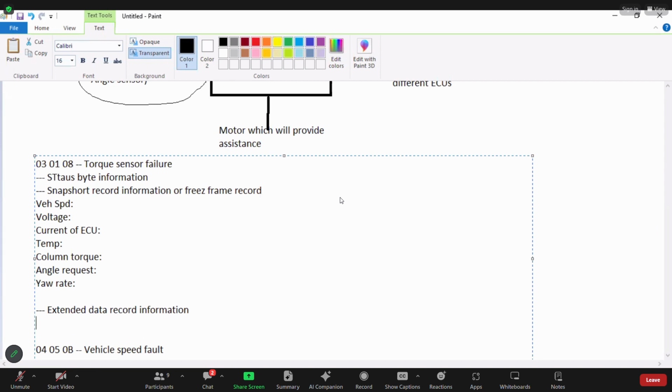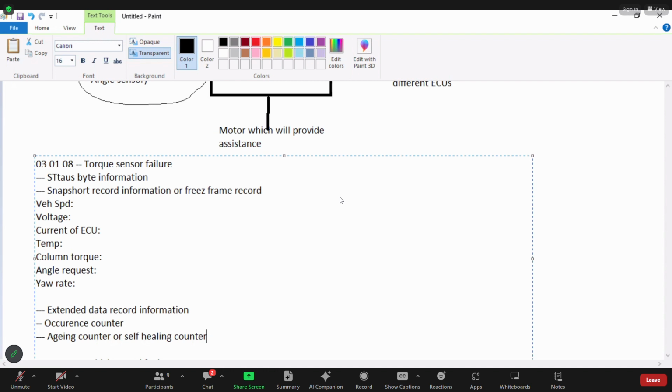Apart from snapshot record, some additional data will also be stored, like occurrence counter, aging counter, or self-healing counter. These are additional information stored in the memory for each DTC.